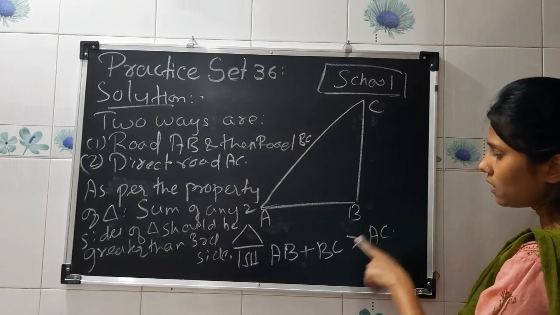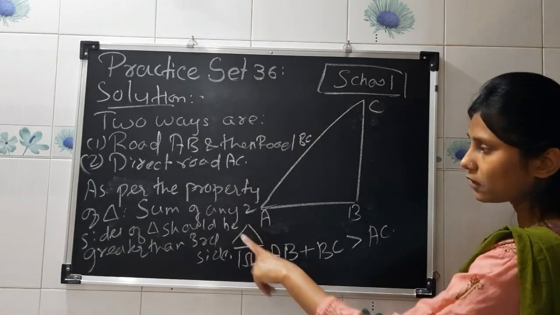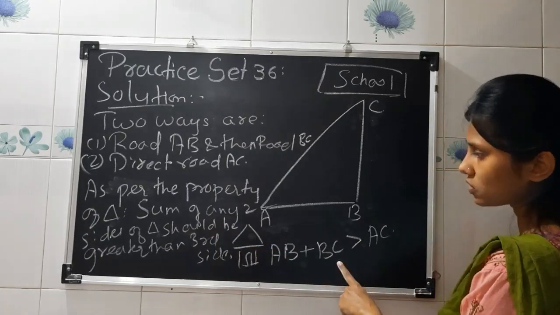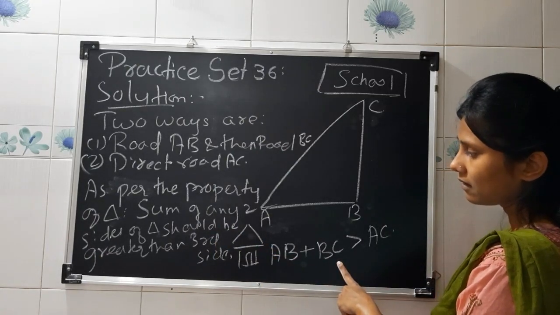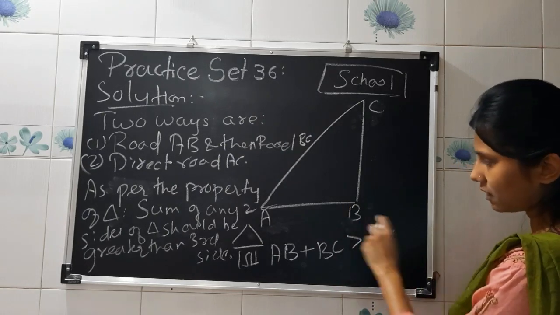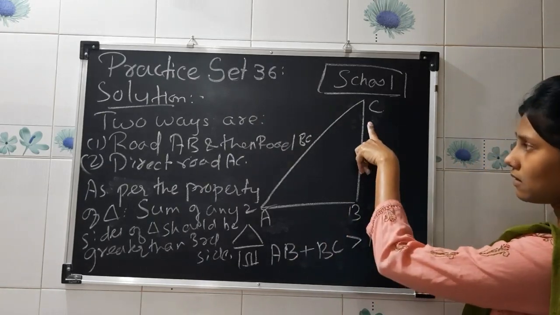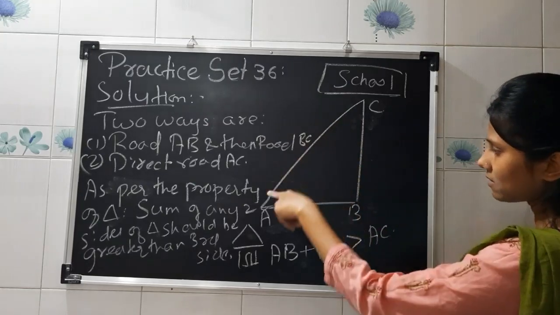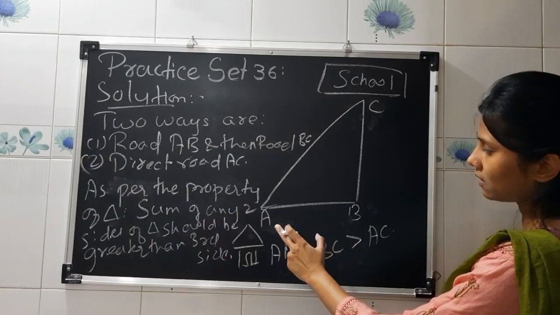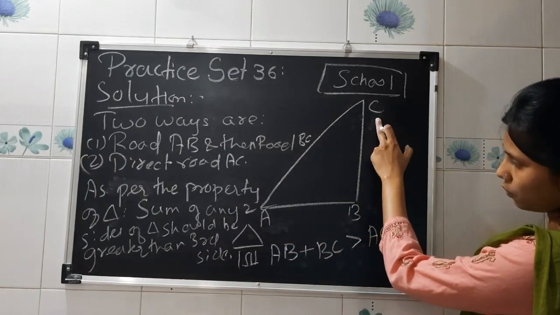Okay, so according to the property of a triangle, that the sum of any two sides of the triangle should be greater than the third side, means AB plus BC will be greater than side AC. So that is why here AC is the shorter road.